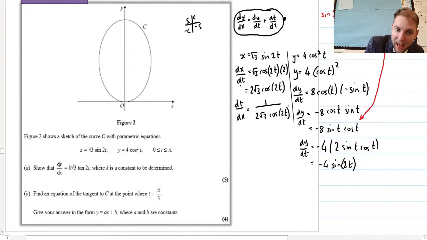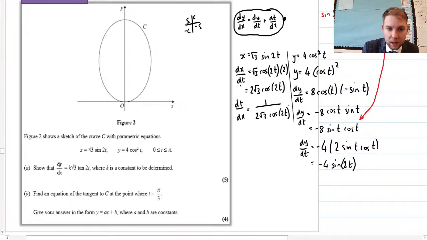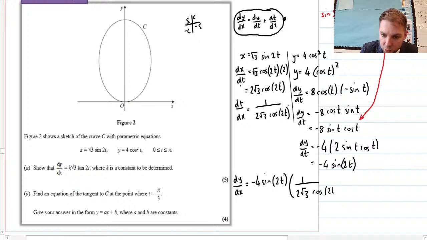which is dy by dx is equal to dy by dt times by dt by dx. So with this one here, I end up with dy by dx is equal to dy by dt, which is minus 4 sine of 2t times by dt by dx, which is equal to 1 over 2 root 3 cos of 2t.